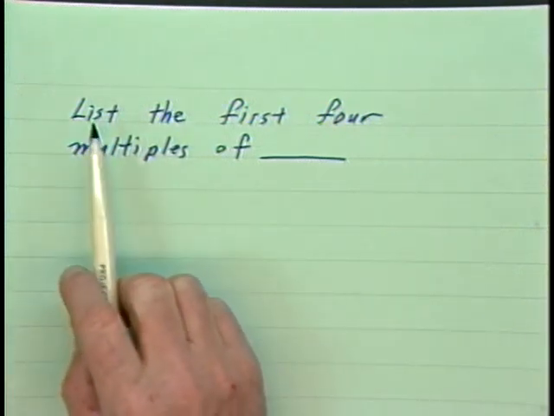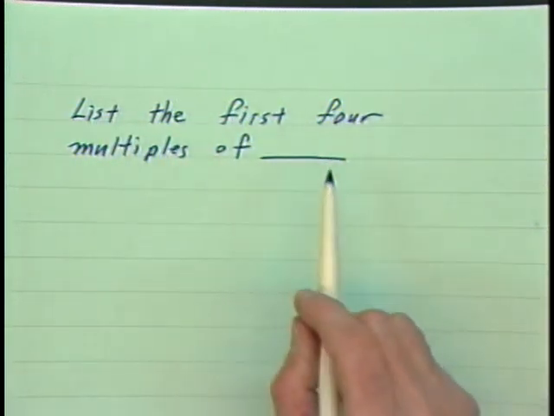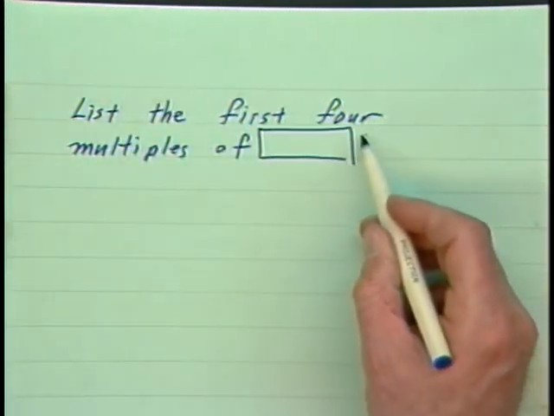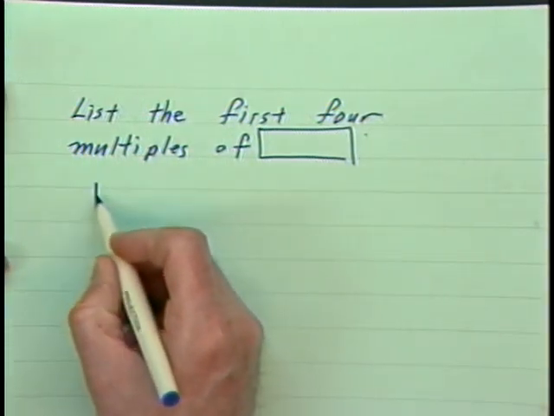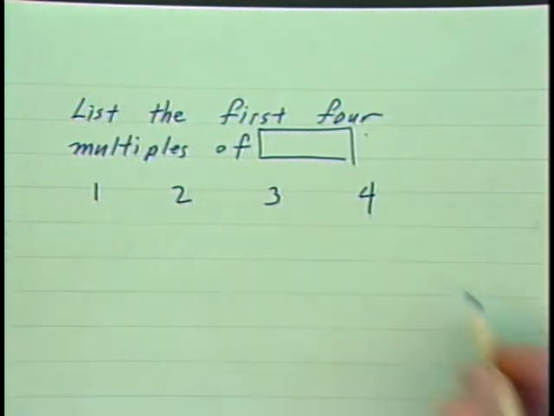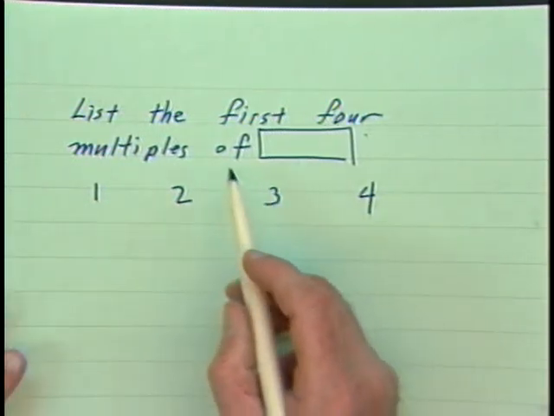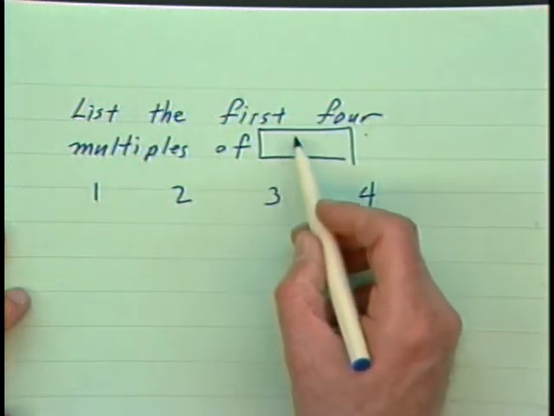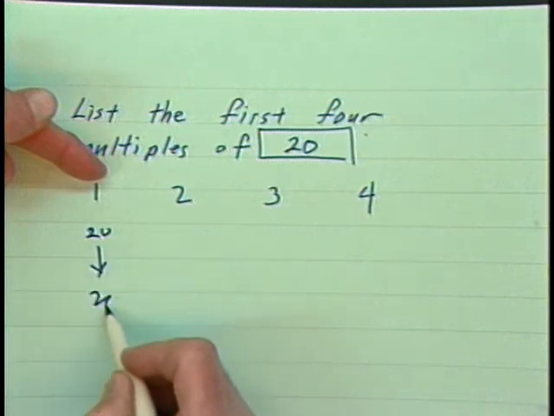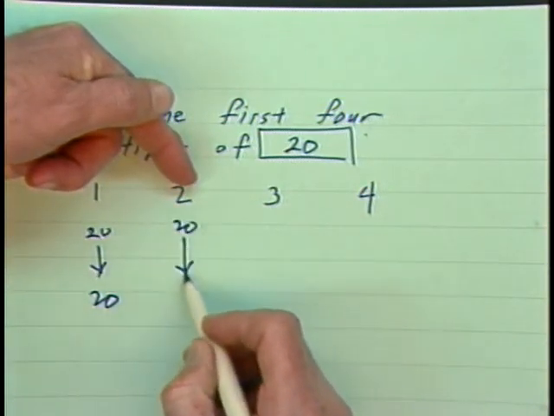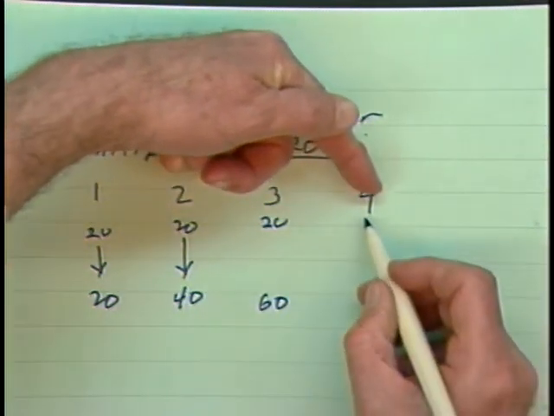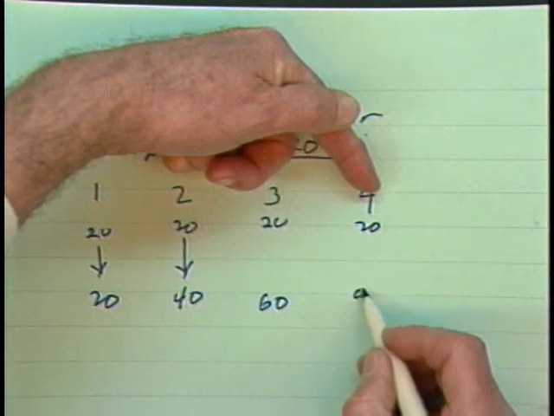So if I were to ask to list the first 4 multiples of any number without even knowing what this number is, you know immediately you're going to take 1 times it, 2 times it, 3 times it, and 4 times it. So if somebody were to say, I want the first 4 multiples of, say, 20, you're going to take 1 times 20, which gives me 20, 2 times 20, which is 40, 3 times 20, which is 60, 4 times 20, which is 80.